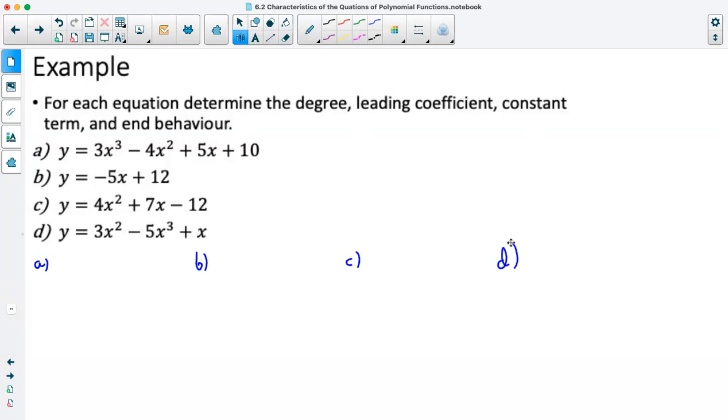Okay, so first thing we want is the degree. The degree of A would just be this exponent here. So that would be degree 3. Degree of B, technically, if we don't have an exponent, it's to the power 1, so our degree would be 1.